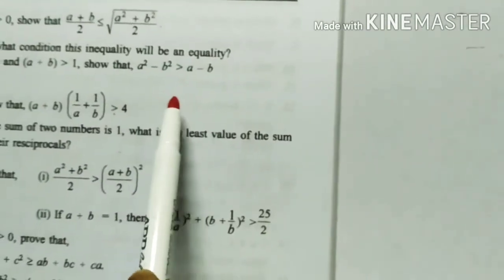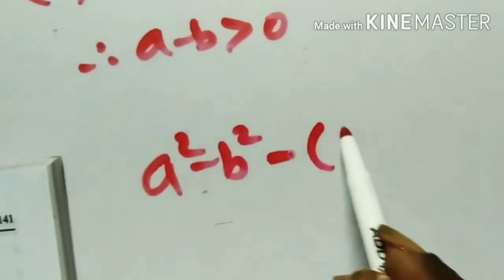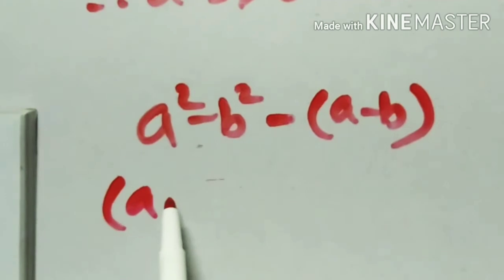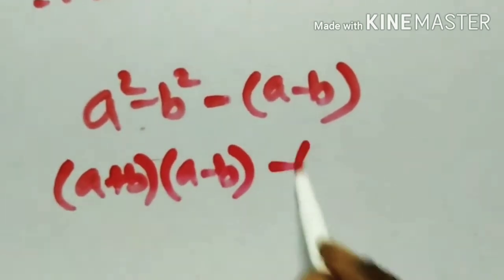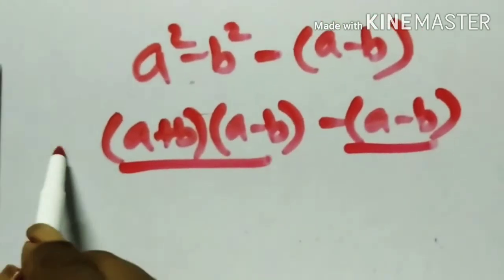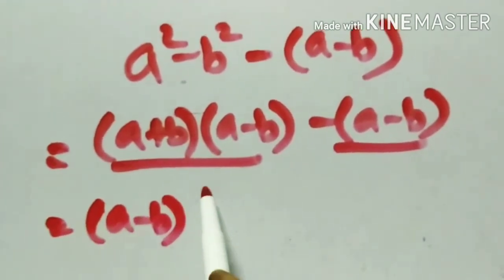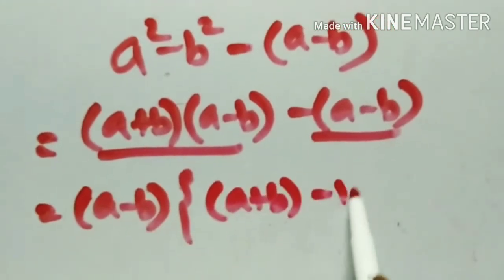I apply the same technique as I told you: a square minus b square minus (a minus b). Now a square minus b square is (a plus b) into (a minus b), minus (a minus b). Between these two terms, a minus b is common, and the remaining term is a plus b minus 1.